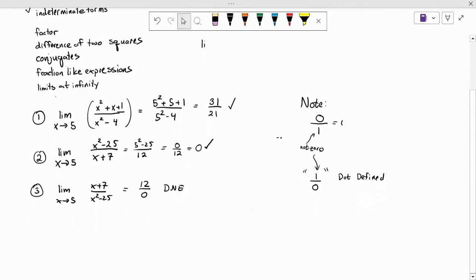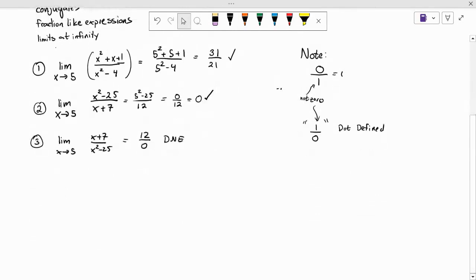So indeterminate forms, let's get some examples. They are things that come up when you attempt to evaluate the limit directly, I should say.